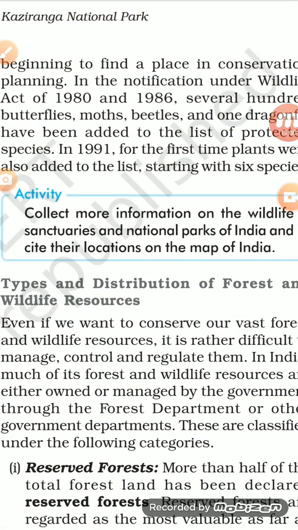Children, try to understand that insects and small flies are also important to maintain the balance in the biodiversity, isn't it? So we have to take care of each one of them.